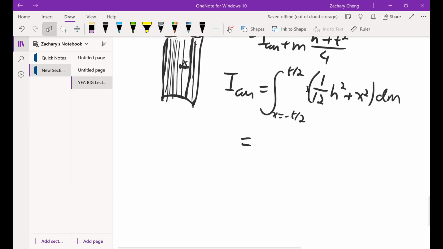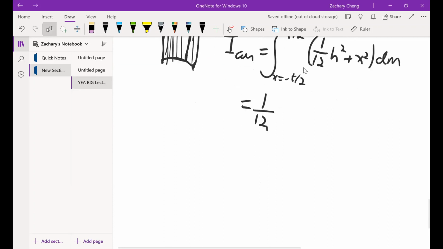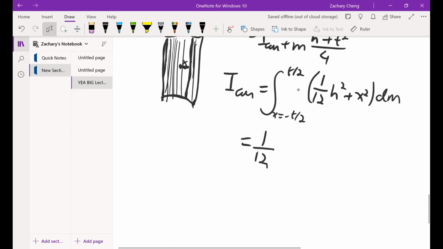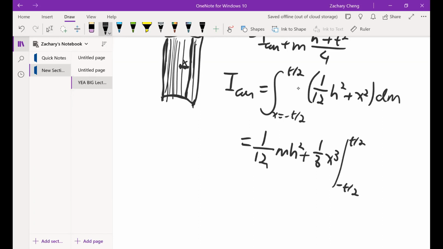The 1/12 h squared part is constant. So that would just be 1/12, and then the total mass m times h squared, plus, when we integrate x squared, it becomes 1/3 x cubed. And we're integrating from negative t over 2 to t over 2. And this small mass dm, we know, is just m over t, because there are t of these infinitesimally small rods, and they add up to be mass m.